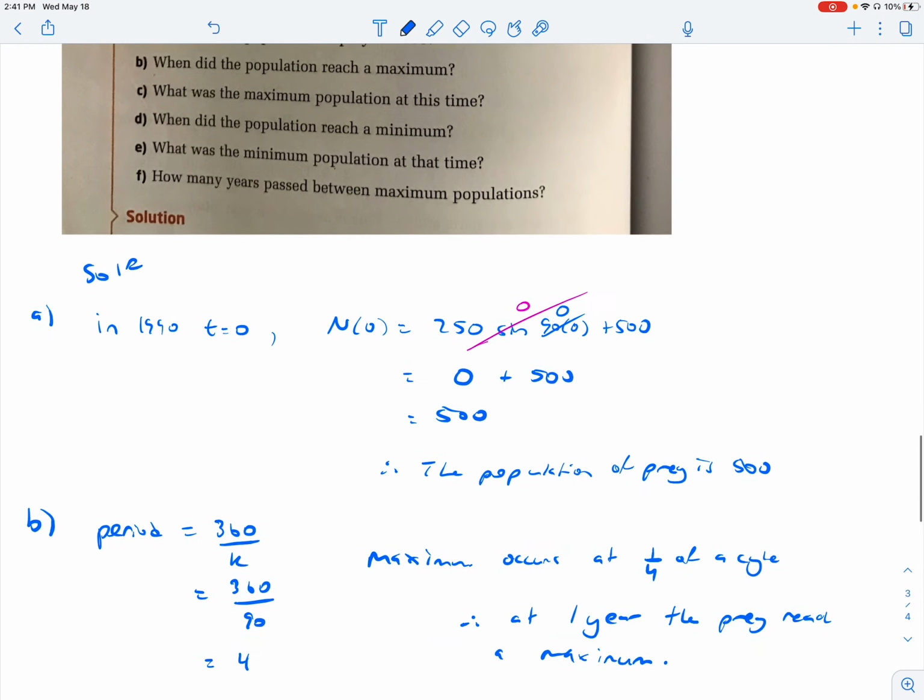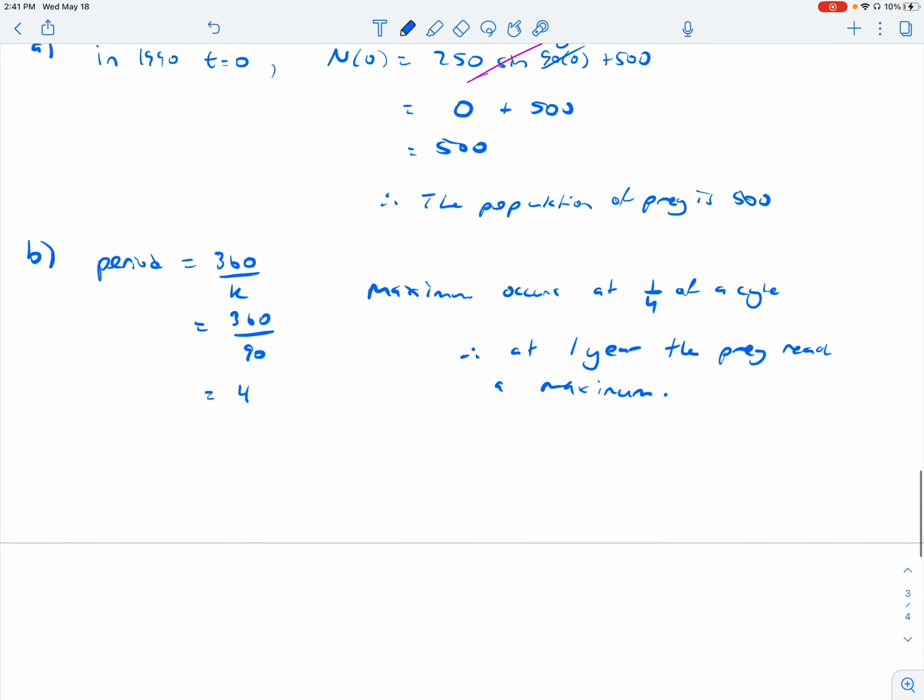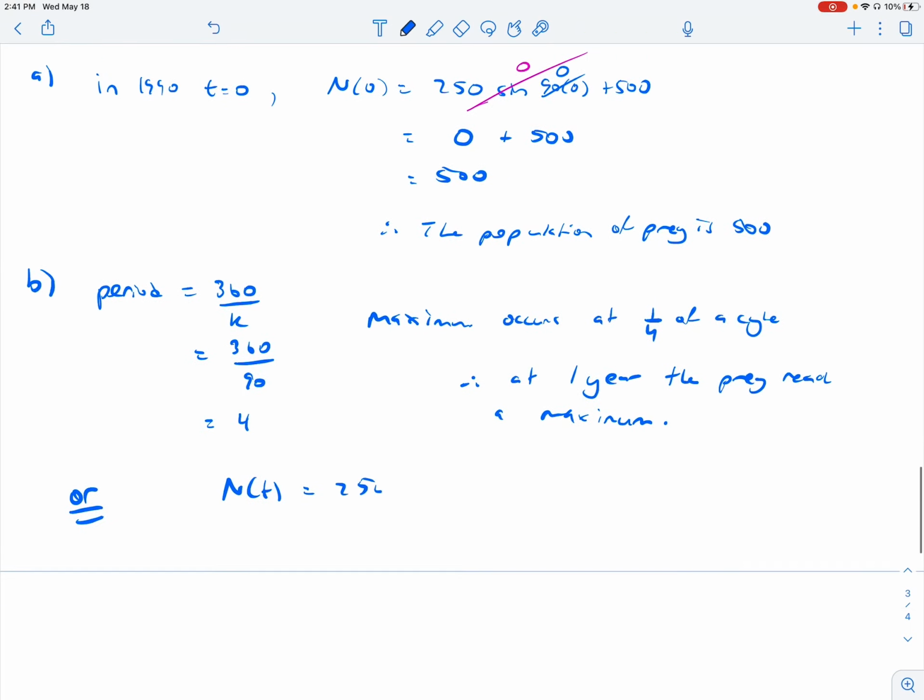Okay, we could also do this algebraically. We could write out the equation. N of t equals 250 sine of 90t plus 500. So a maximum value would be center line plus amplitude, 750. So we can sub 750 in. And now we're going to go ahead and solve for t.